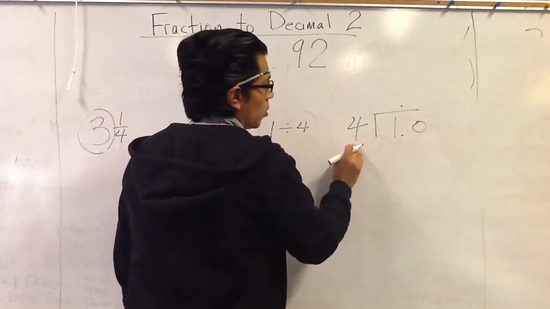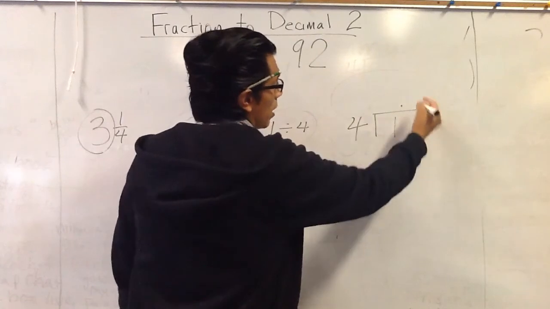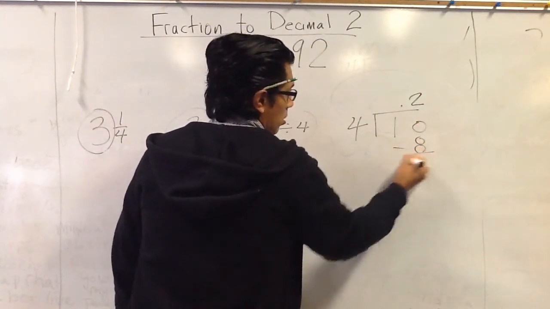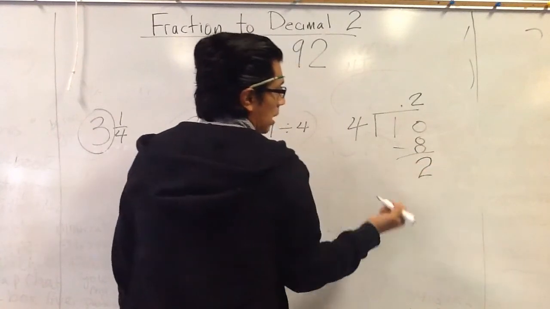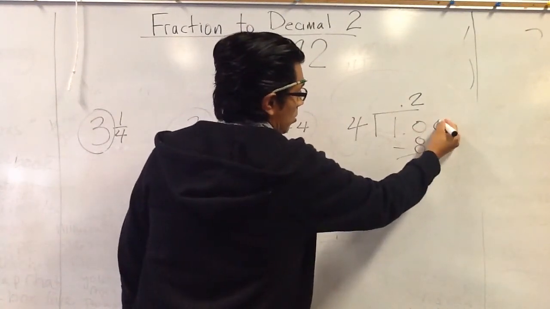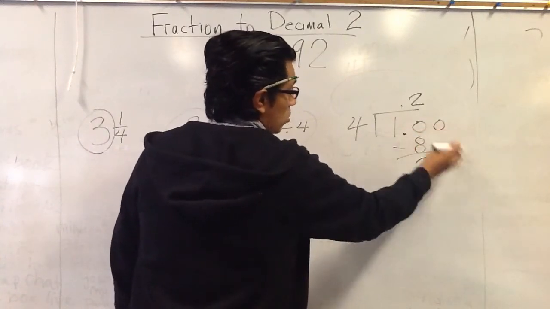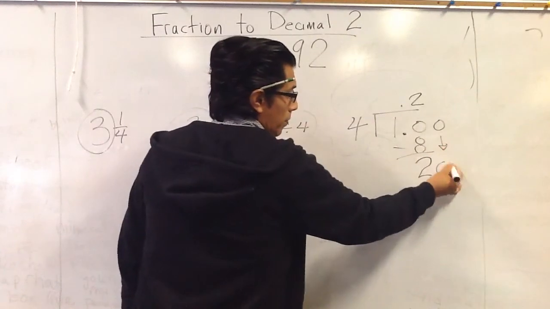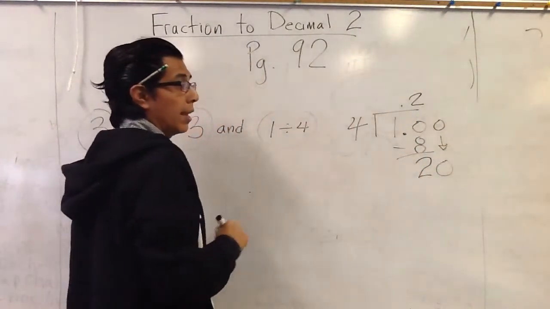1 divided by 4, nope. 10 divided by 4, yeah, twice. Whoops. I'm really working on my 2's. What am I doing here? I forgot. I'm going to add another 0 because I can annex a 0 because it's literally no value, but it allows me to divide and get a part.